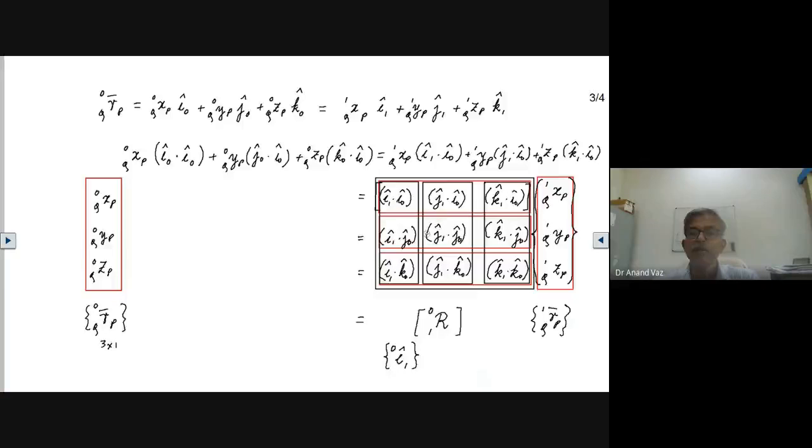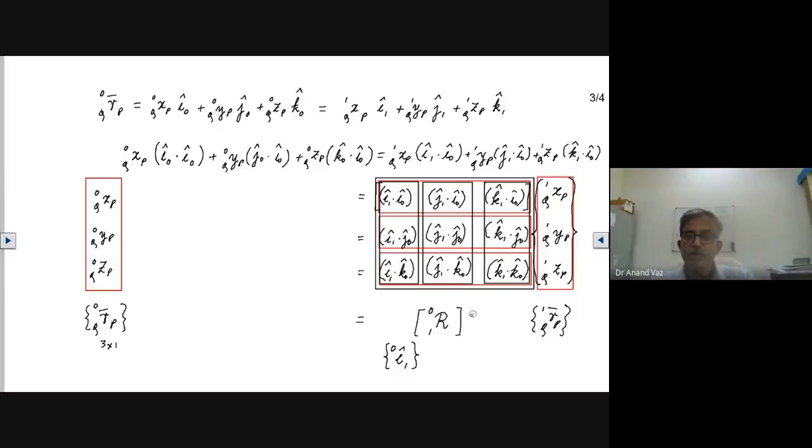Then if you look at the second column, you find the same thing. But now you have J1 dot I naught, J1 dot J naught, and J1 dot K naught. So here now you are representing the unit vector J1 in terms of the components of the frame 0. So you're resolving it along the three directions of the frame 0.